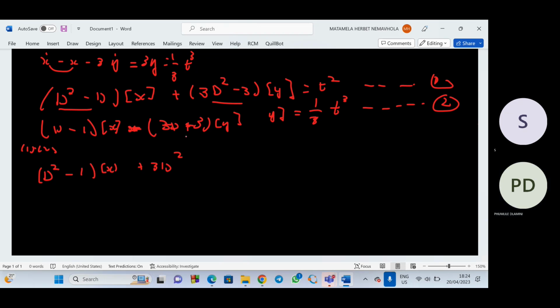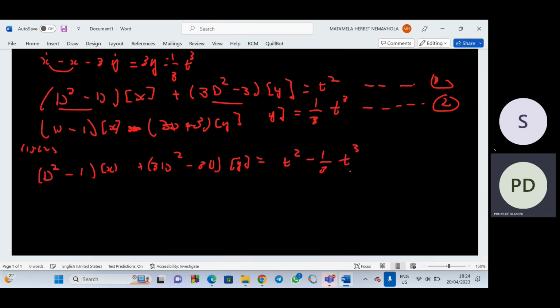This 3 plus this one is going to be 0 minus 3d, which is equal, is for the side of what? Is for the side of y, which is equal to this one minus this one, going to be t squared minus 1 over 3t cubic.